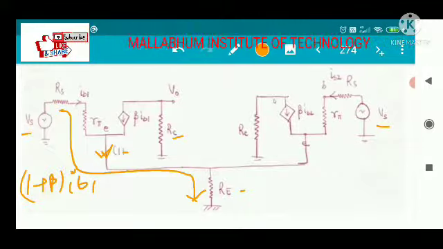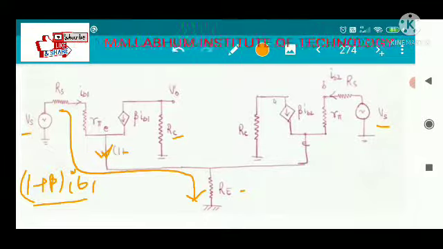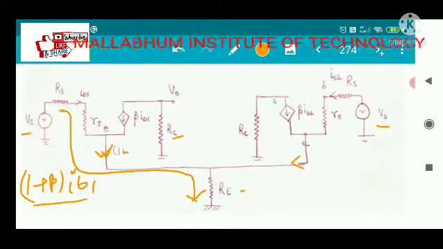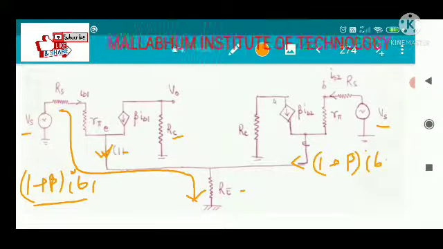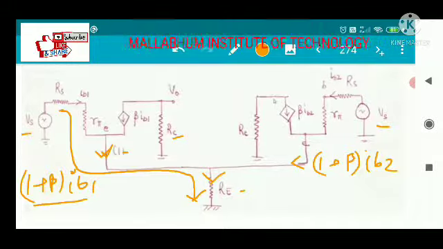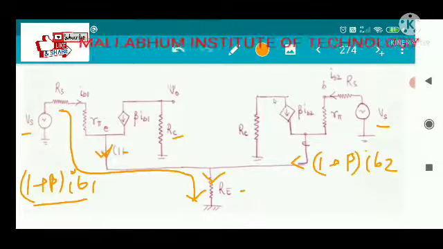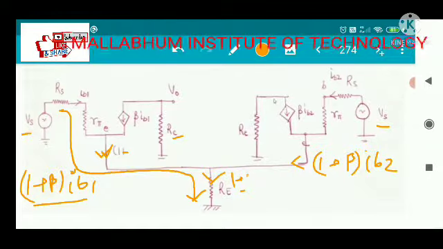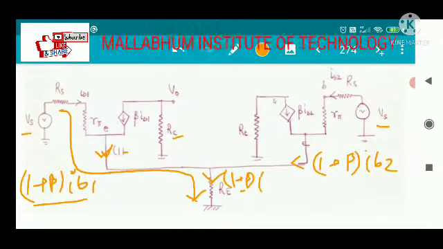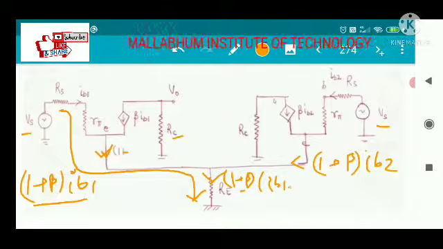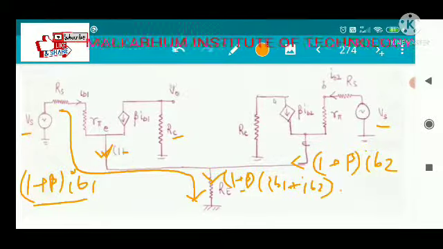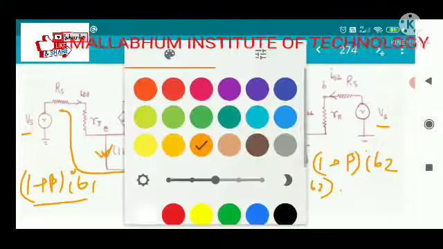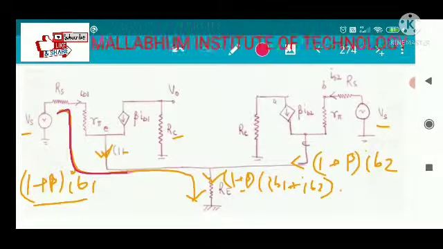And here the current flowing is (1 plus beta) IB2. So both currents will flow through this: (1 plus beta) IB1 plus IB2. And we will consider only this loop now.